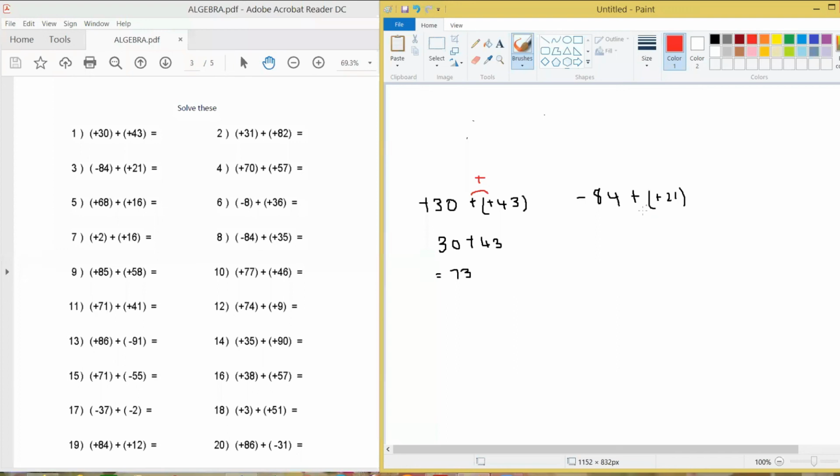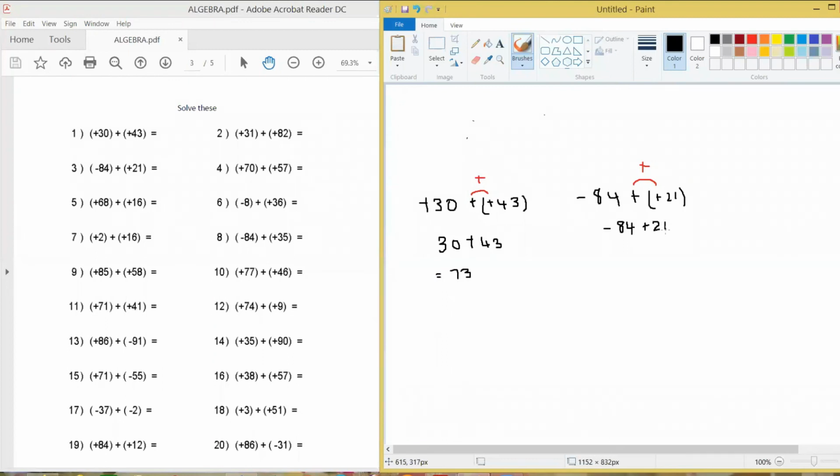In a case like this, you have two signs. Positive by positive gives us a positive. So your working should be here negative 84 plus 21.